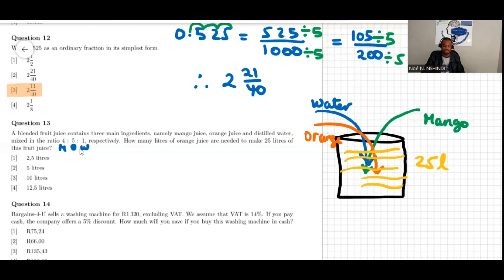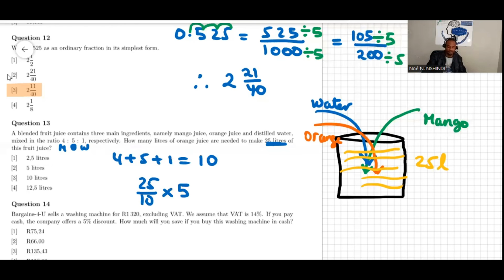We're going to add all the ratio parts: 4 plus 5 plus 1 is equal to 10. This is the total mixture. Then, because we have 25 liters here, we're going to do 25 over 10 times 5.